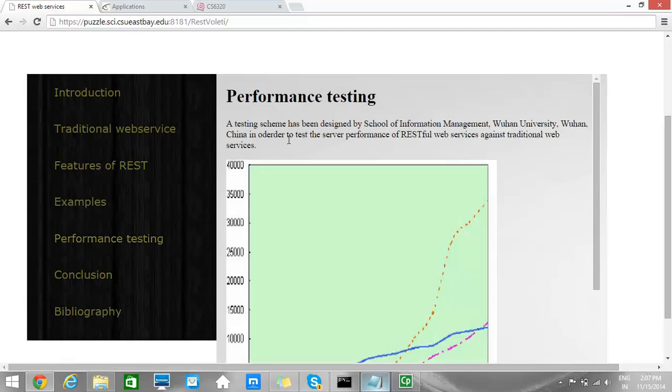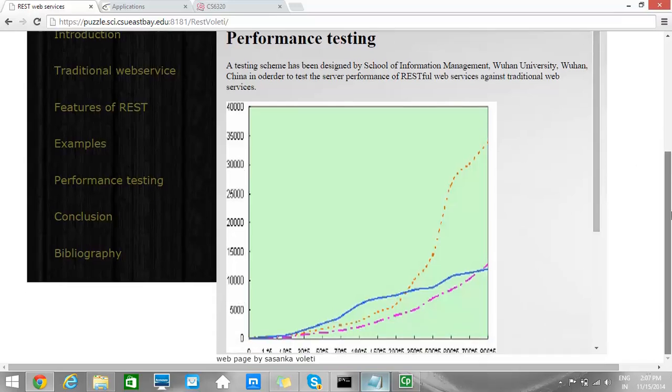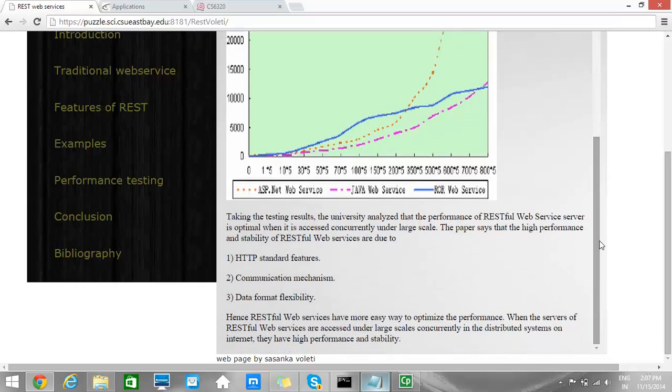Performance testing. A School of Information Management has designed a testing schema comparing traditional web services and REST web services, and they have come to a result. The result says that the university analyzed that the performance of REST web services is optimal when it is accessed concurrently under large scale.